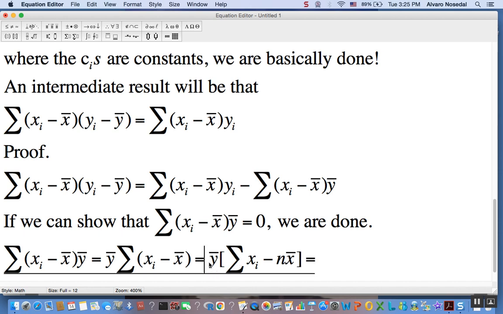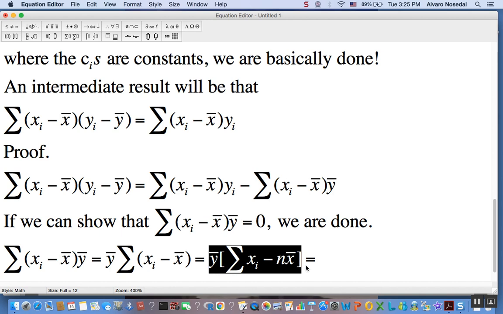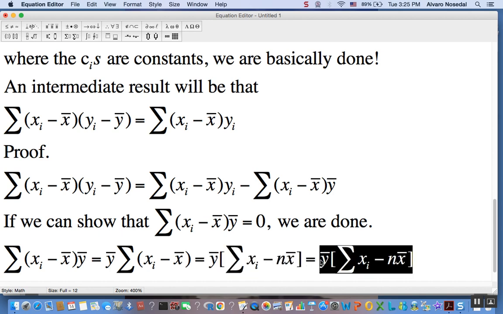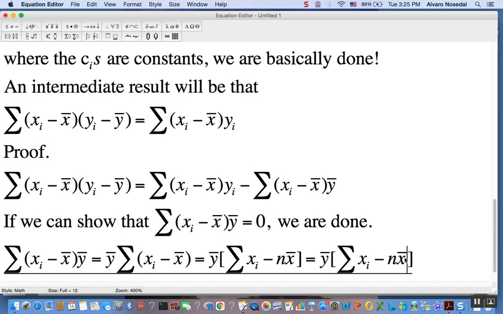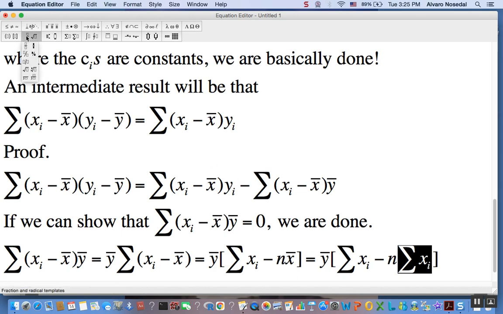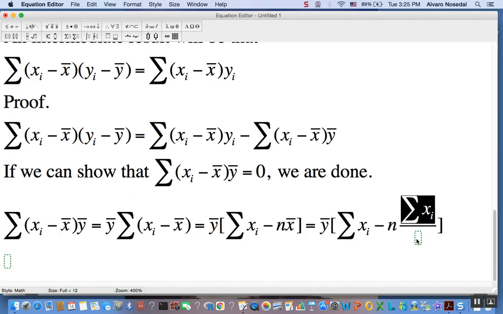So let me just do one more step here. I'm going to say x bar is just the sum of xi divided by n.